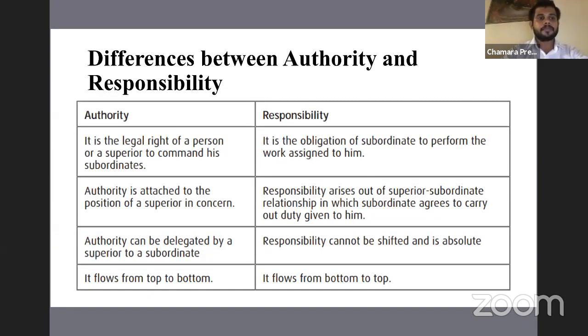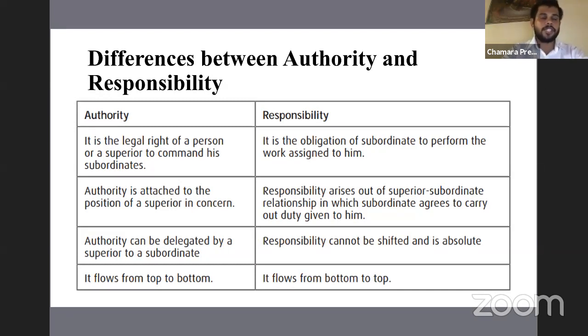Now, authority and responsibility. So there is a question in the Q&A, asking whether this is the second stage or not.